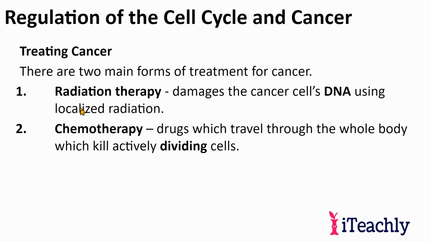None of this stuff is very good for you. And then chemotherapy is drugs which travel through the whole body, which kill actively dividing cells. And again, this can affect not just your cancer cells, but other cells as well. Like a lot of people lose their hair when they do chemotherapy, because your hair cells are dividing.